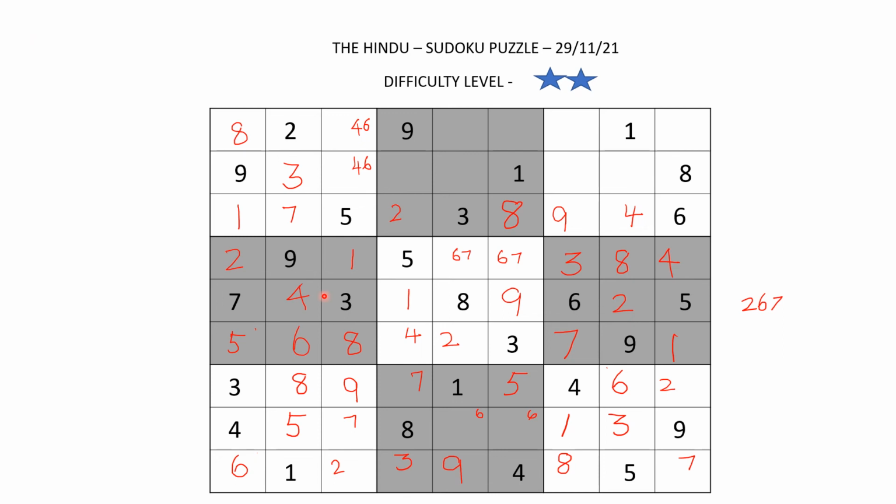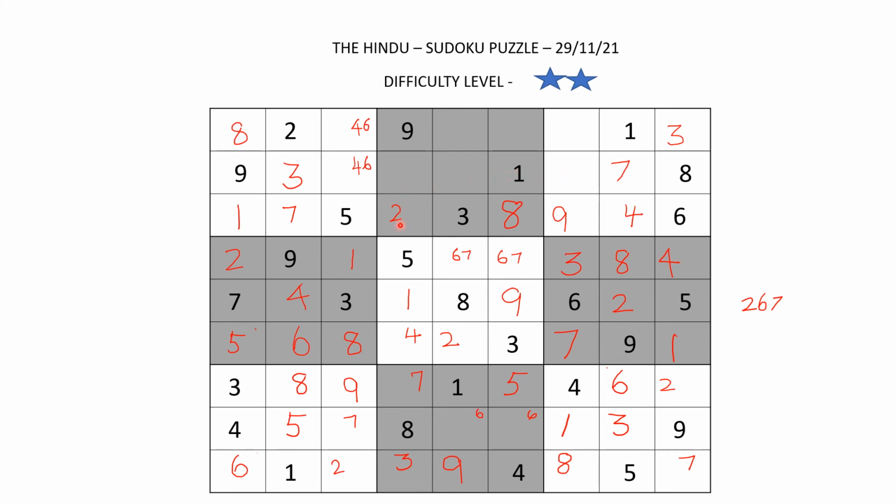So this cell becomes a 3. And we have a 7 blocking here. So this cell takes 7. Now if you see this column, the only missing number is 6. So let's fill it with 6.